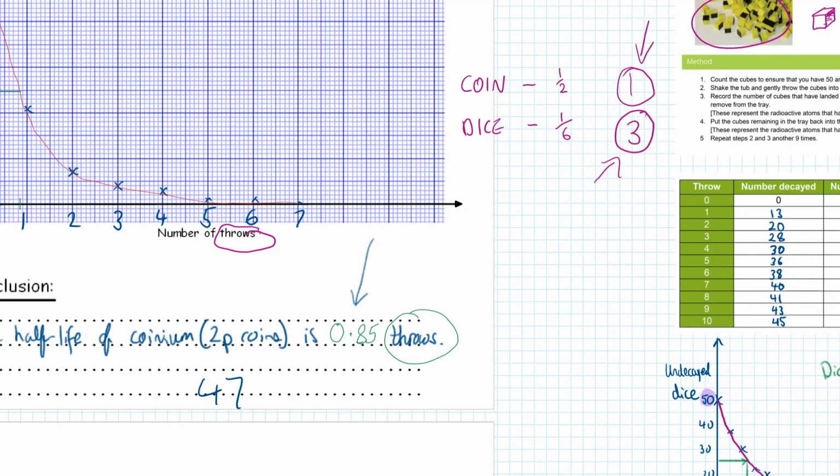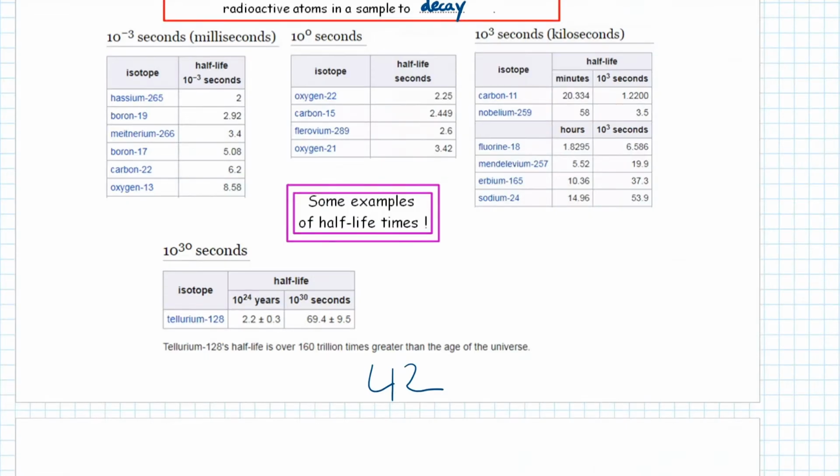We're now going to go back up to page 14 of the booklet and look at the half-lives of different elements. Sorry, page 42. So bottom of page 42, if we take a couple of examples, an element with a very short half-life, boron-19, 3/1000ths of a second half-life.